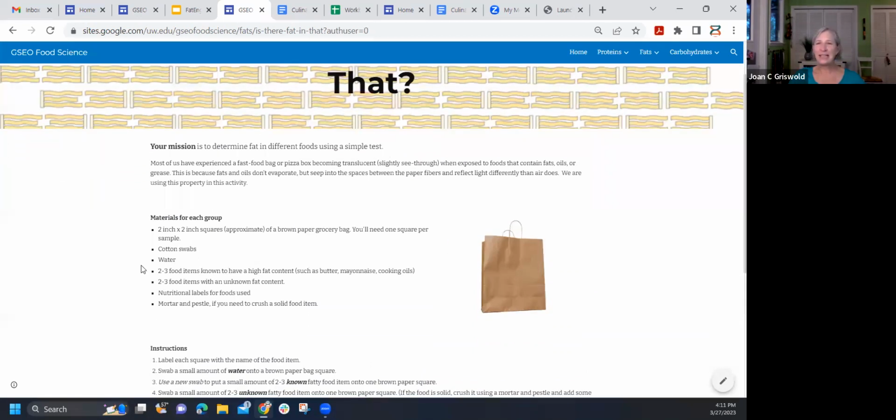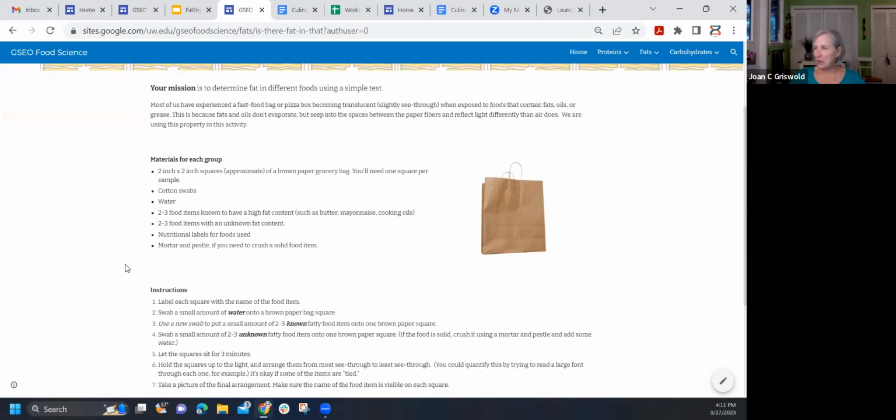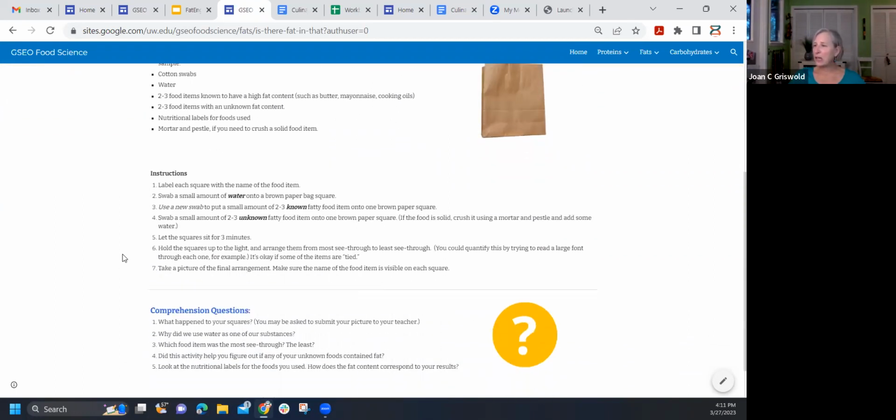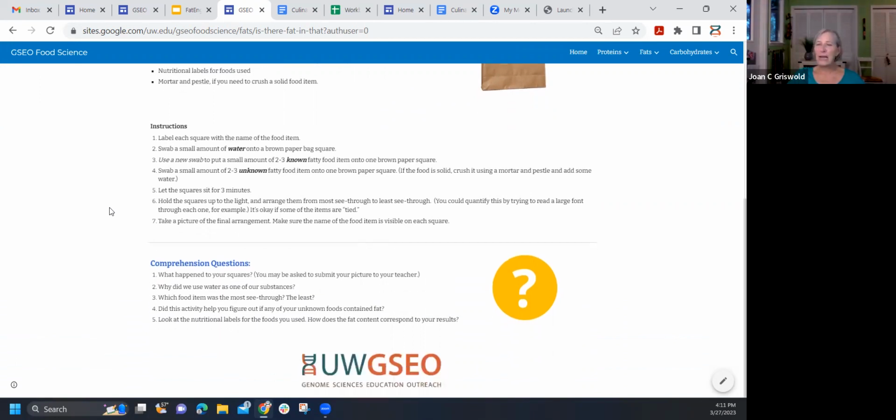So you take something that you think you may or may not have a large fat portion to, you rub it on a paper bag, and then see how see-through that piece of paper becomes. So there's just an explanation. The instructions are here. Students are asked to swab some water on a paper bag, 2 or 3 known fatty foods, so butter or oil or things like that, and then 2 or 3 unknown foods.